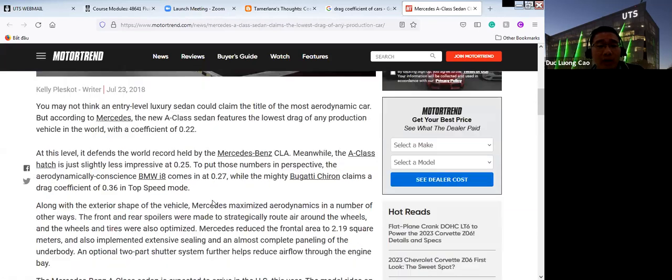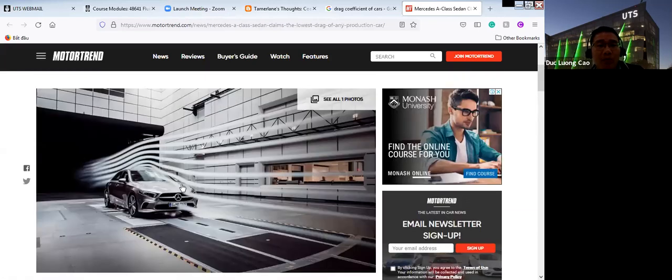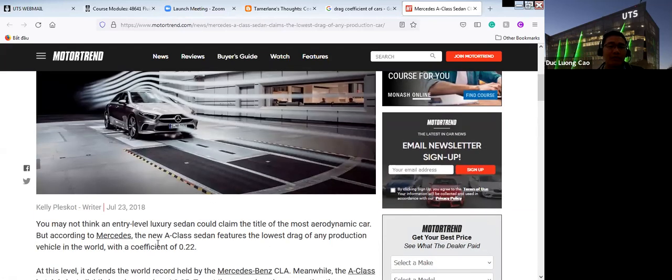Okay, and how to get this number? Wind tunnel. It's similar to what you did in lab 2. You put a car in the full-size wind tunnel, and when air flows over this car, you find the force. This one is the drag force, and from that drag force, you find the drag coefficient of this car, similar to what you did in the lab 2 wind tunnel.